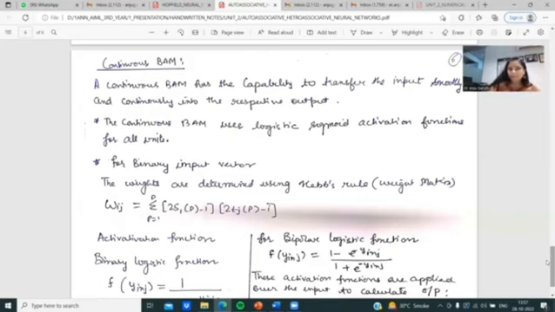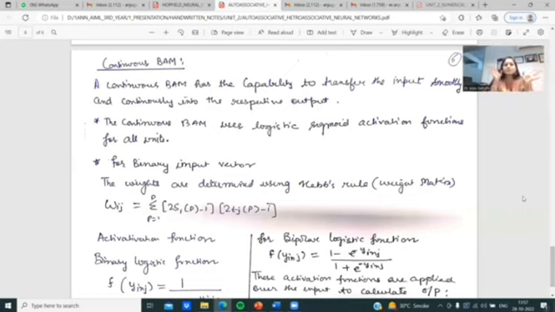For a binary input vector, the weights are determined using the Hebbian weight matrix. You can see the weight matrix will be like this: Wij is equal to the product of the source pattern and the target pattern.